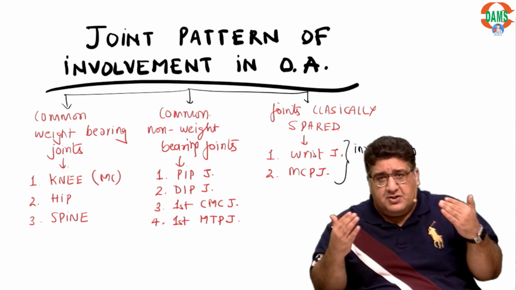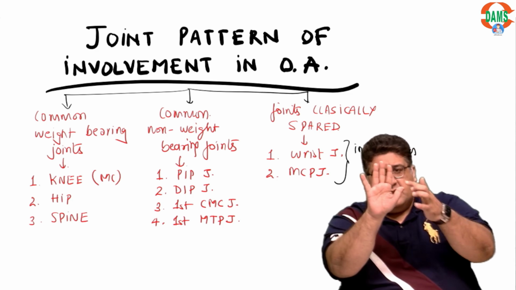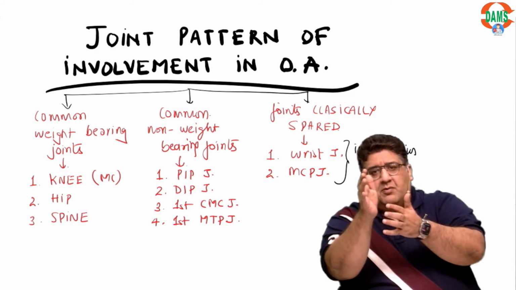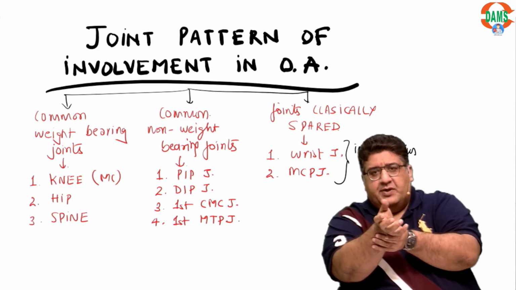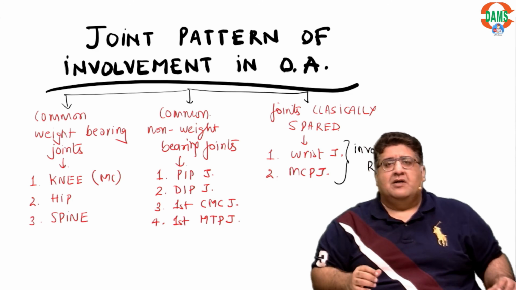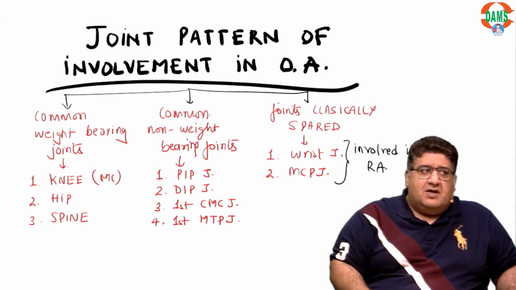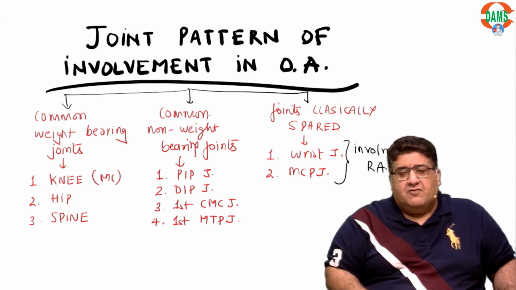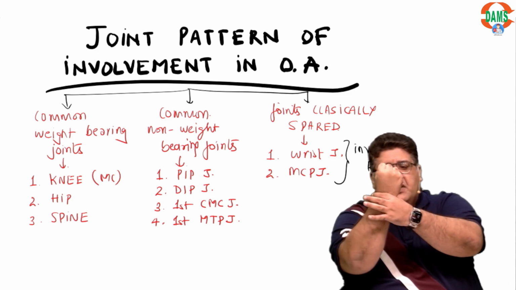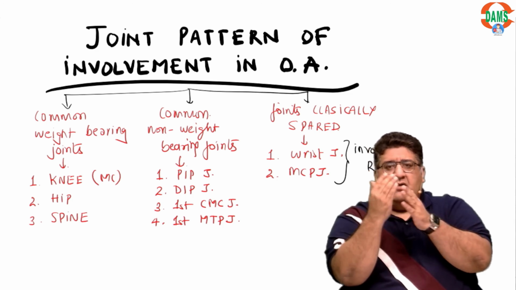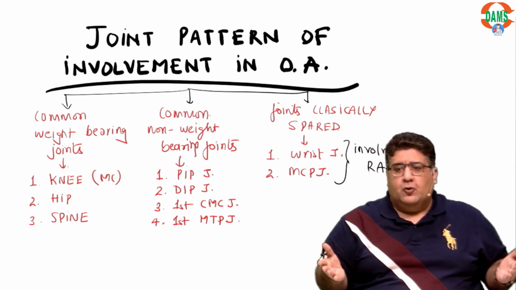Then you take the initiative of clinical examination, and what you see is some enlargement of PIP joint, some enlargement of DIP joint, or maybe a painful movement of the first carpometacarpal joint. At that point you will say, ma'am, you are 60 plus, most likely you have osteoarthritis. Ma'am, one question: do you have any involvement of the wrist? She'll say most likely no. Any involvement of the knuckle, the metacarpophalangeal joint? She'll say most likely no.